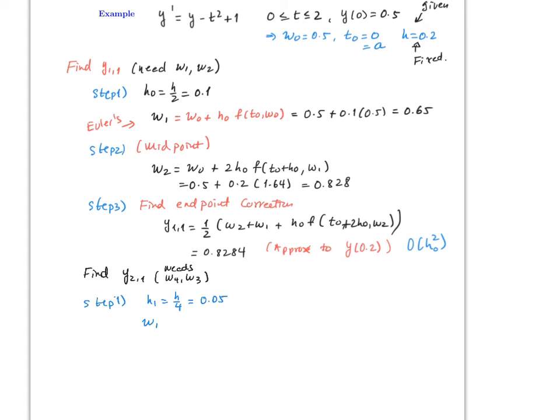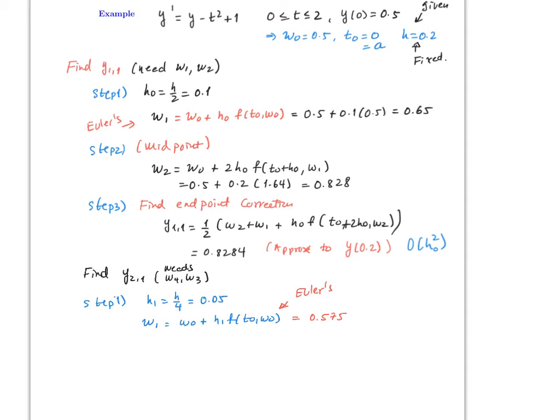And then W1 is going to be equal to W0 plus h1 f(t0, W0). Remember that this one uses Euler's method. And when you plug in all the values, this will give you 0.575.